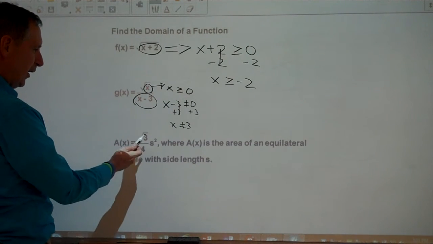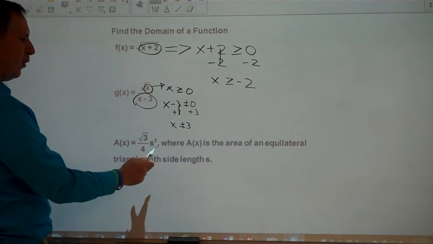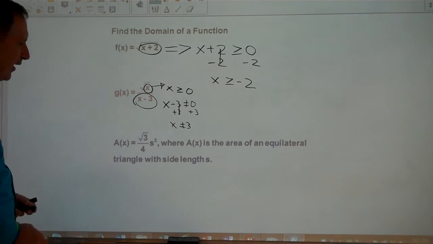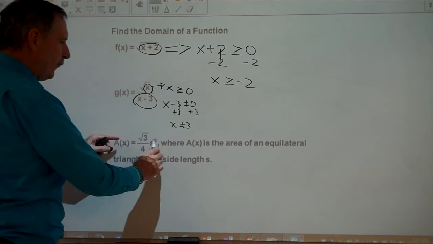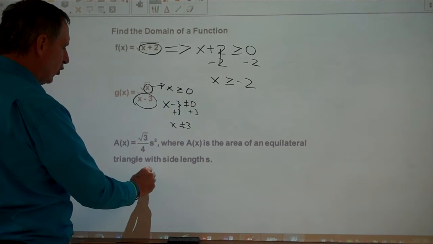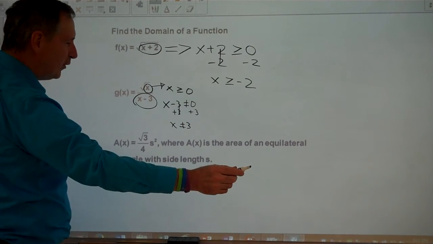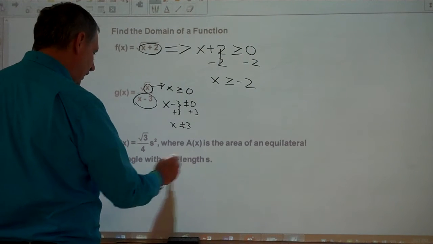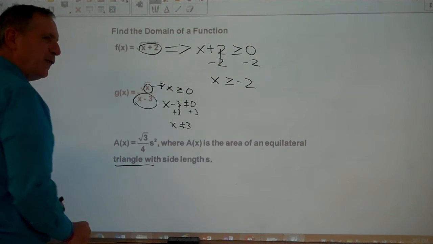The last one here, a of x equals square root of 3 over 4 times s squared, where a of x is the area of an equilateral triangle with side length s. Now, if we just ignored all this wording, our domain would be all real numbers because there would be no restrictions. But to have a triangle, what do you have to have?